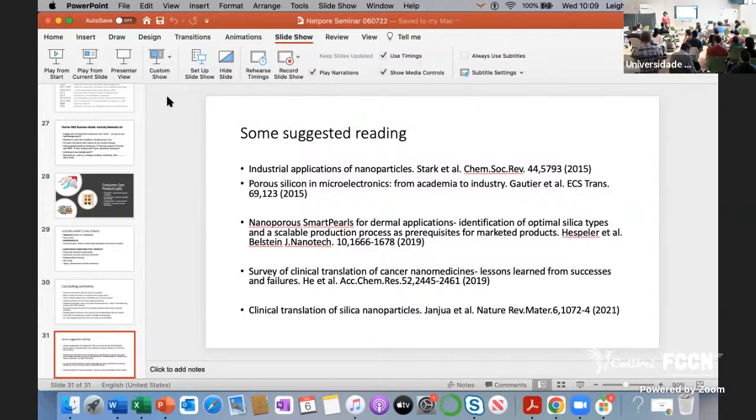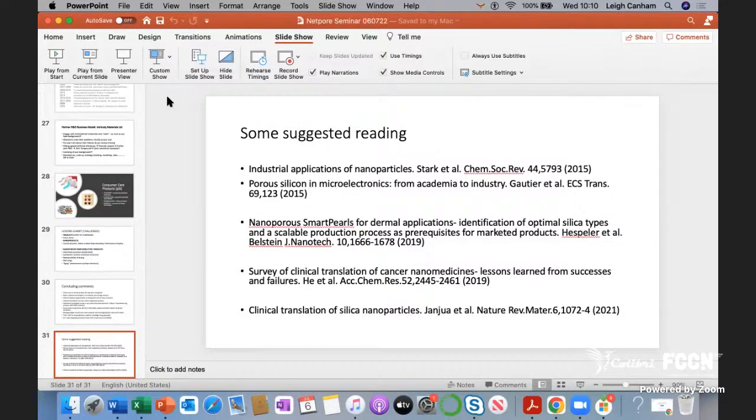Yes. I think step one is to see whether there are any companies working on your nanomaterial currently. One way to do that is to use the United States patent database, the USPTO, and it's freely available, and you can search using simple key terms.